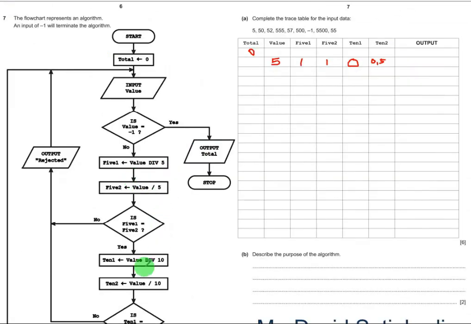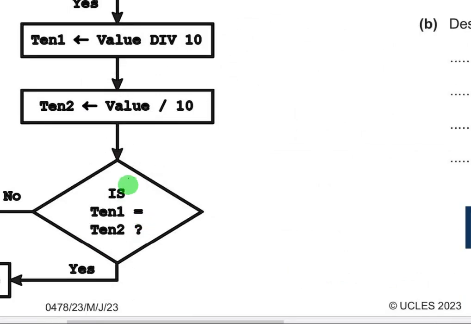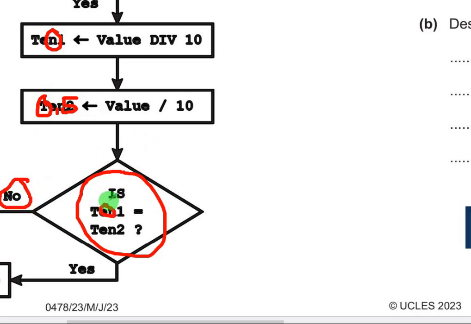Now what is next after that? We go down over here. Is 0 the same as 0.5? No. Then we go to the left side, not going down.